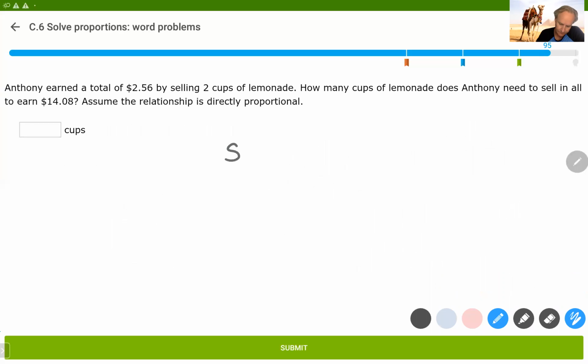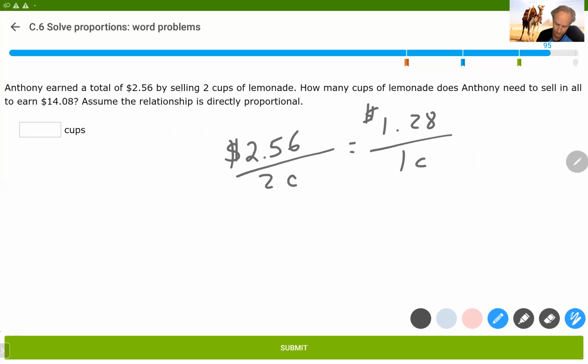$2.56 per 2 cups is $1.28 per 1 cup. And we want to change it to 14.08. And we want to know how many cups. So basically, we want to know what do we have to multiply by 1.28 to get 14.08.